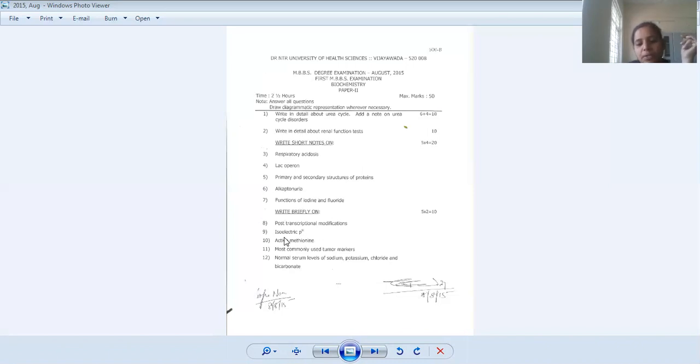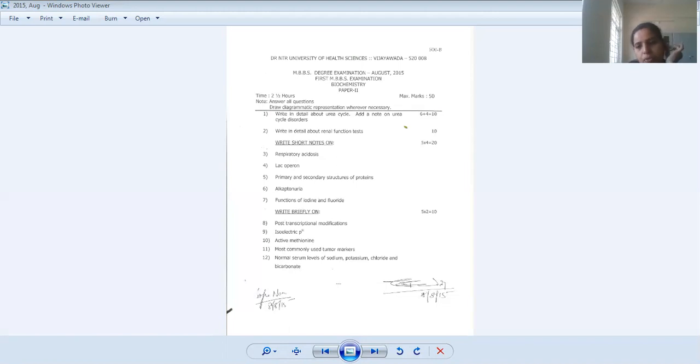That particular pH at which the amino acid is existing as a zwitter ion is called isoelectric pH. Then active methionine. Do you remember SAM? S-adenosyl methionine, which is acting as one carbon donor. That is active methionine.